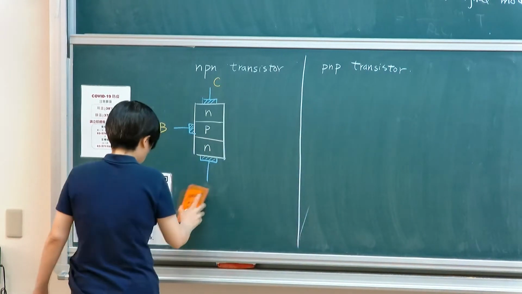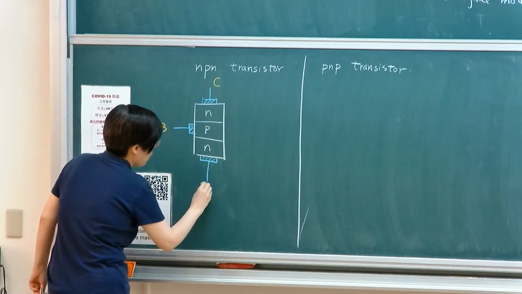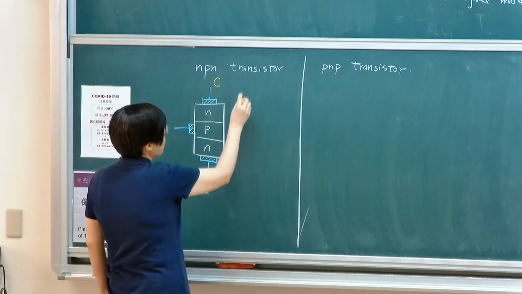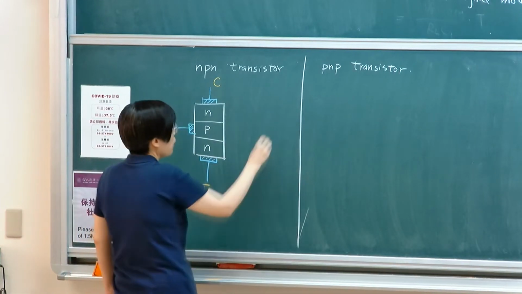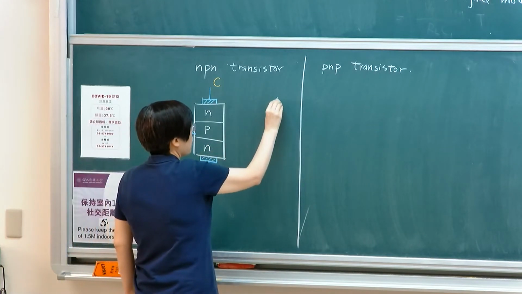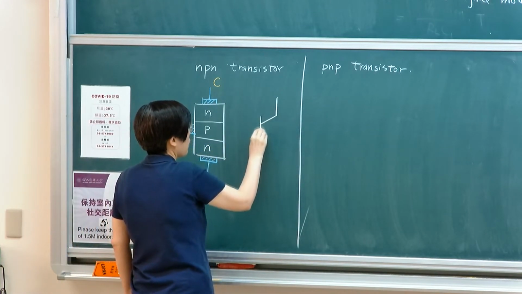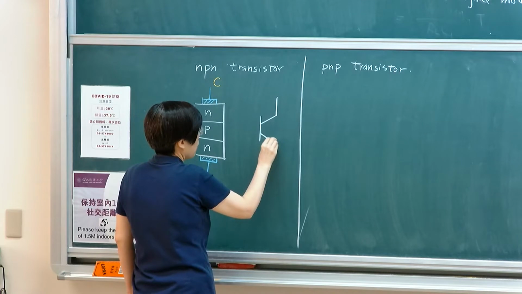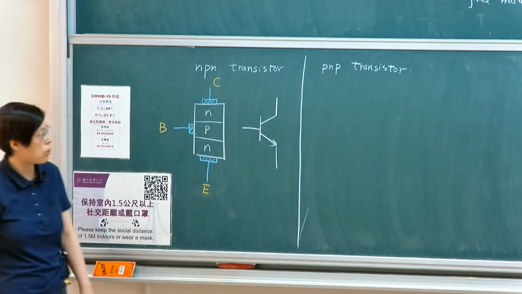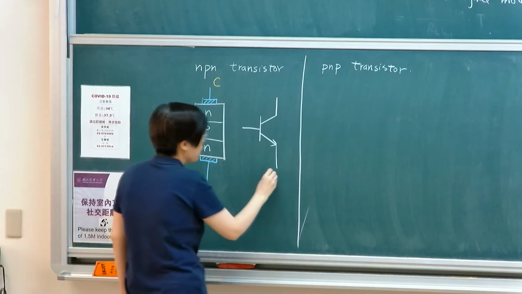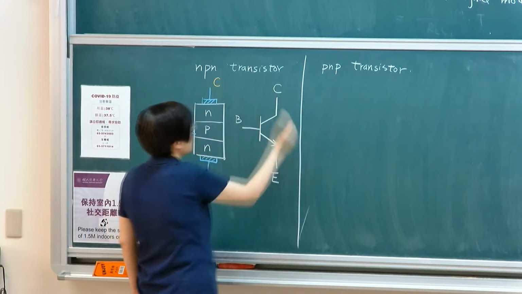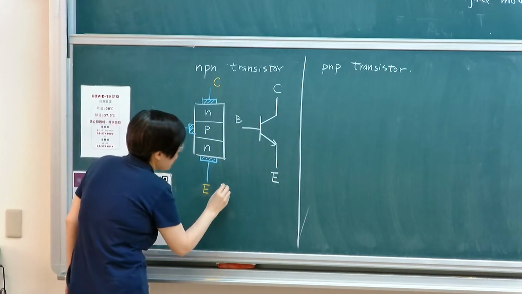Let me draw it again. So C stands for, well, let me draw the circuit. I start with the corresponding circuit symbol. It looks something like this. This is the circuit symbol for a bipolar junction transistor. Also three terminals, E, B, C. So let me write it down here.